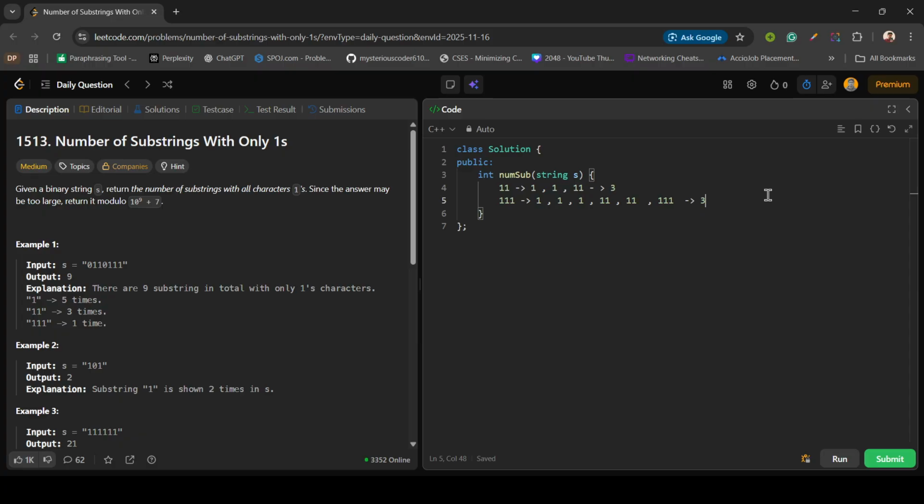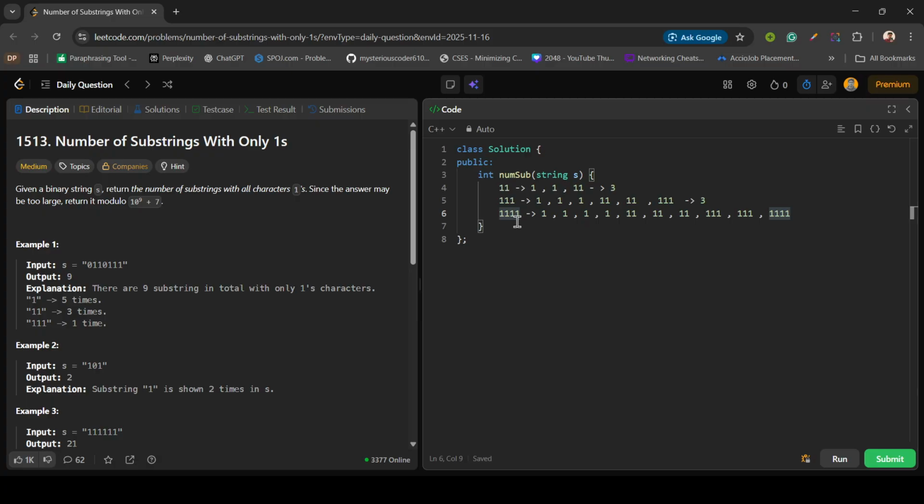If we take another example, let's suppose I'm taking the example of 1 1 1 1, four times 1. How? See, the first one, then the second one, the third one and the fourth one.